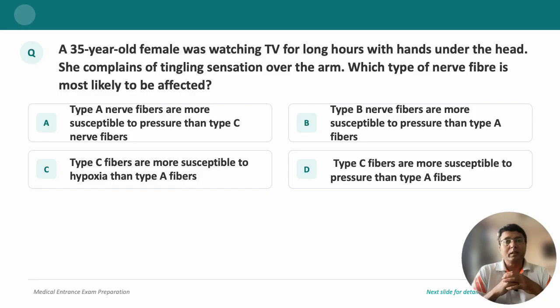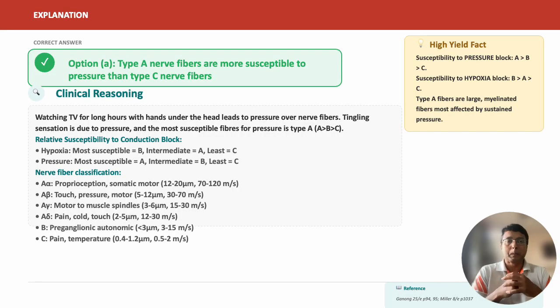So let's elaborate the question. Mammalian nerve fibers have been classified by Erlanger and Gasser.